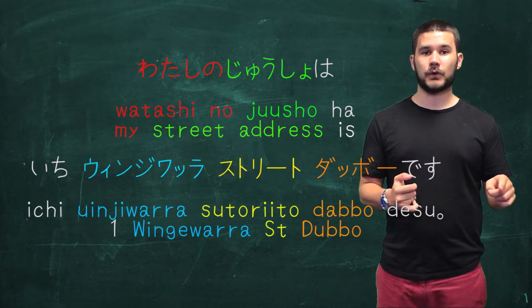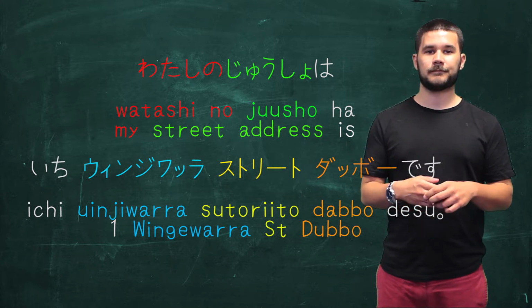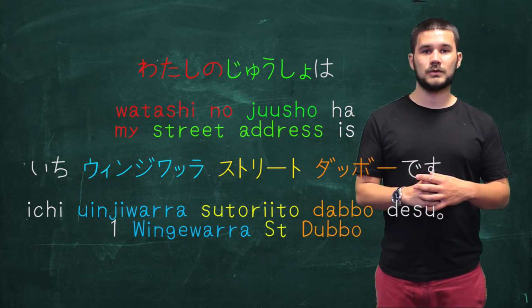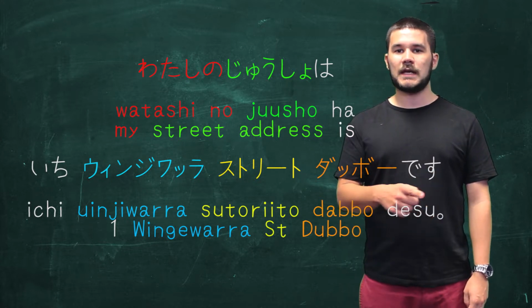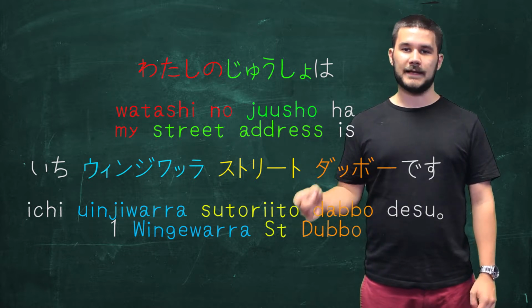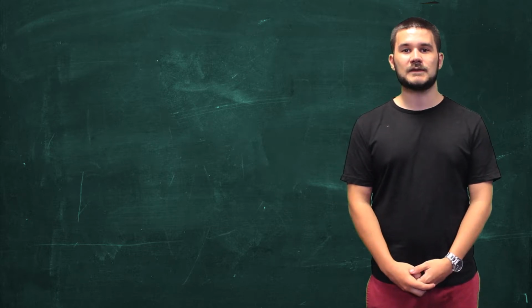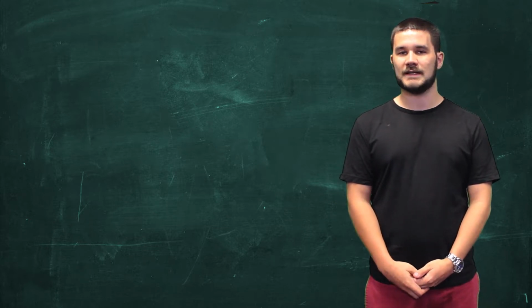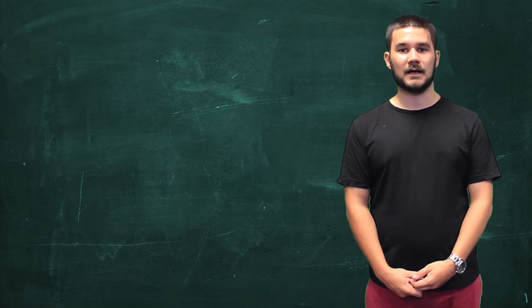So, ストリート not street, ストリート. 私の住所は1ウィンジワラストリートダボです.